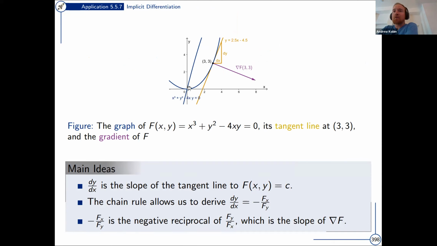We have this blue curve here, which is the graph of that implicit expression set equal to 0, which is secretly a level curve of some 3-dimensional graph of capital F. And it's the height 0 piece. And at the point (3, 3), the slope dy dx at that point is given by the expression that we just determined.